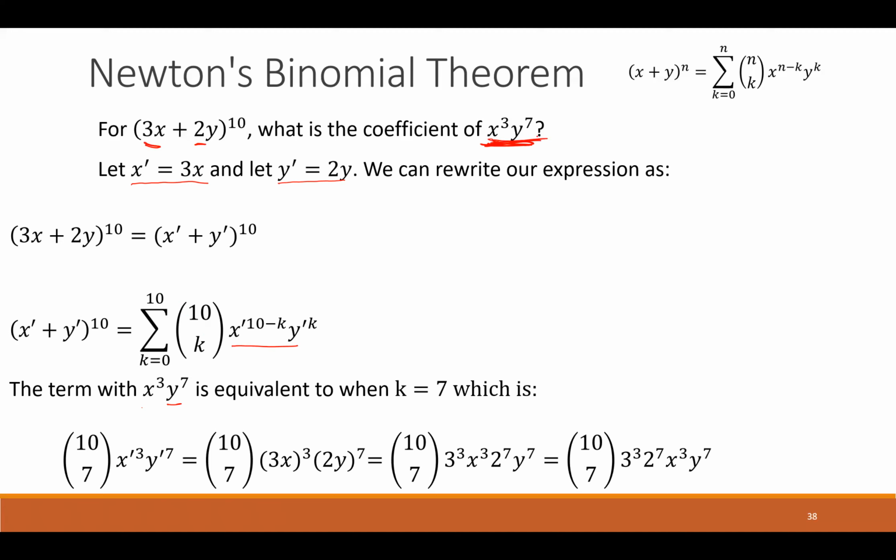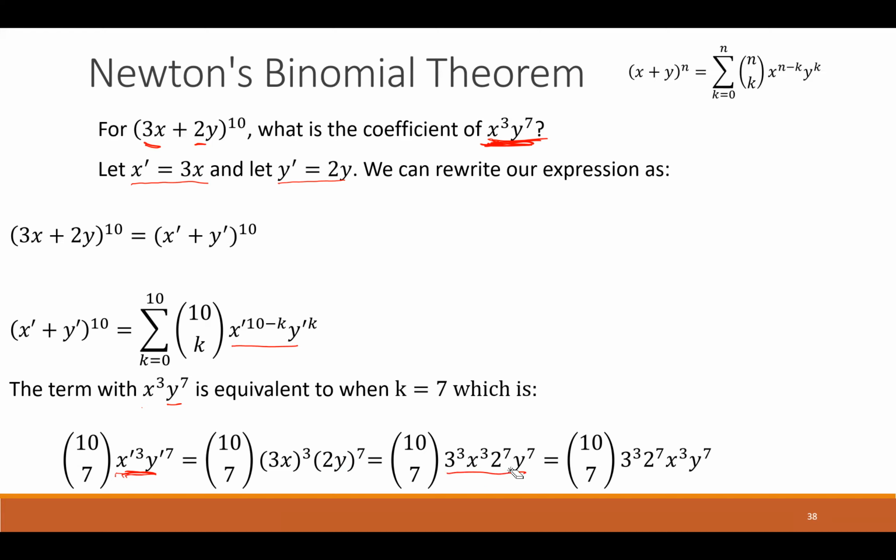So y to the 7, I'm going to choose 7 of the y's, or y prime in this case. Once I substitute back in 3x for x prime and 2y for y prime, I have (3x) to the power 3 and (2y) to the 7. Right, so now this polynomial is on the whole, is on 2 and y together, not just y.